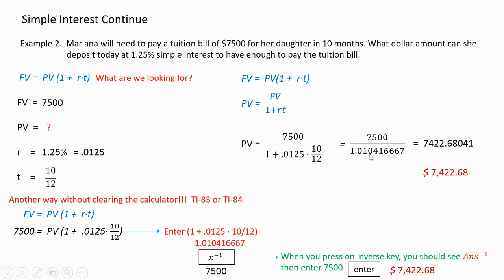So the inverse key does this for you. By using this method that I'm showing you, you do not lose the flow of the calculator. At times, students have a hard time putting in all the parentheses, because you can plug this into the calculator, but you have to put in the correct number of parentheses.